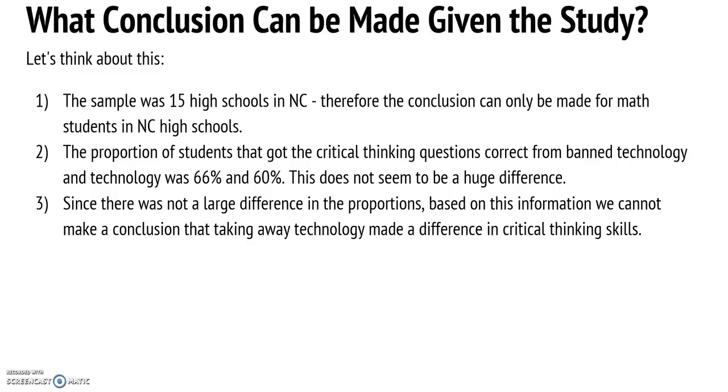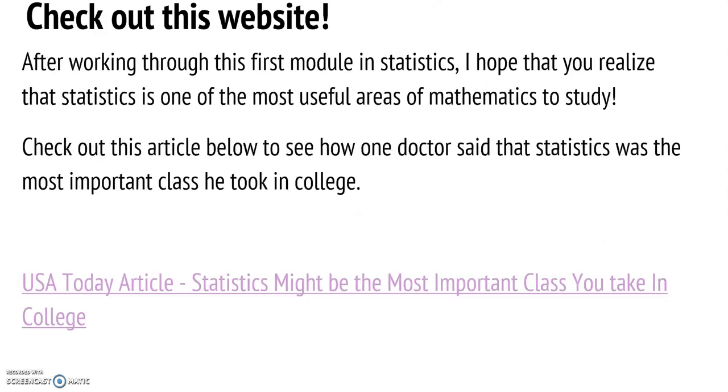So we would say, since there's not a large difference in the proportions of students that did better on the critical thinking skills without technology, based on this information, we can't make a conclusion that taking away technology made a difference in critical thinking skills. If you're interested in learning more about statistics, there is a test that we can run that will be able to tell us whether or not it in fact made a difference.